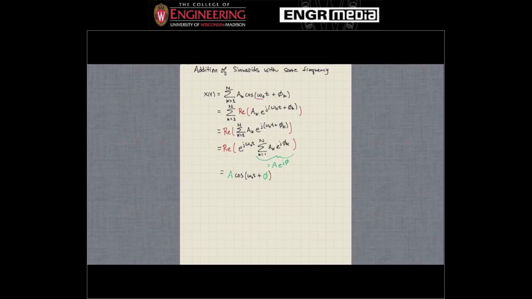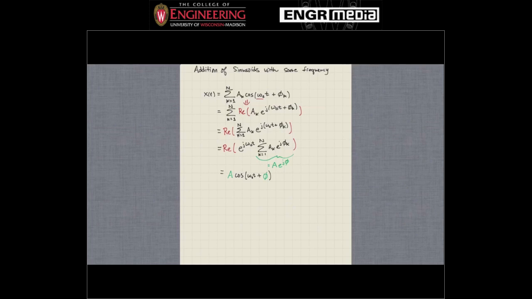Since we can write this sum as just the sum of the real part, okay, so what happens here is just what I showed you on the last slide, that Euler's identity, we can write this cosine as the real part of a complex exponential. So of course we can write the sum of a bunch of cosines as the sum of a bunch of the real parts of complex exponentials.